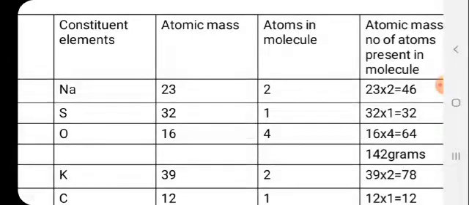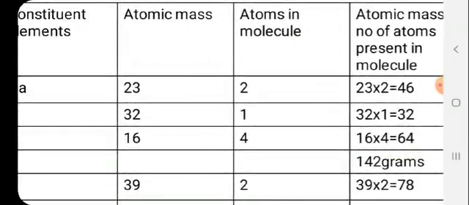So, in last column, atomic mass is multiplied by number of constituent atoms. 23 is multiplied by 2, then 32 is multiplied by 1 and 16 atomic mass of oxygen is multiplied by number of oxygen atom and it is 4 here.